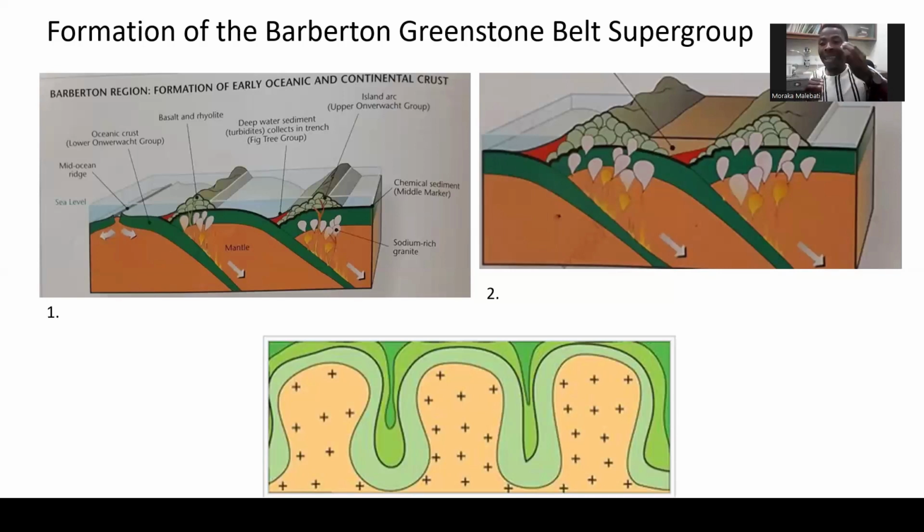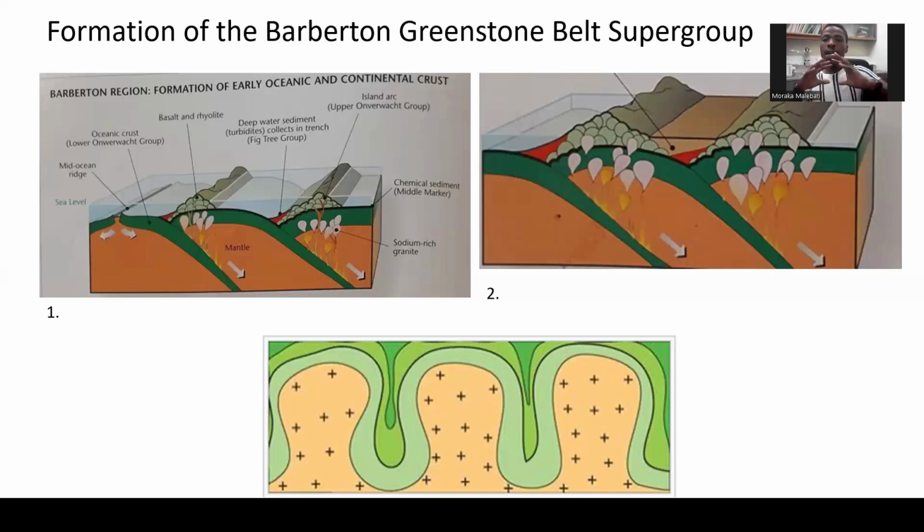So by then we had a komatiite magma which intruded into the axis of the mid-oceanic ridge, forming pillow lavas and new oceanic crust. Now, those pillow lavas and new oceanic crust are referred to as the lower Onverwacht of the Barberton supergroup.